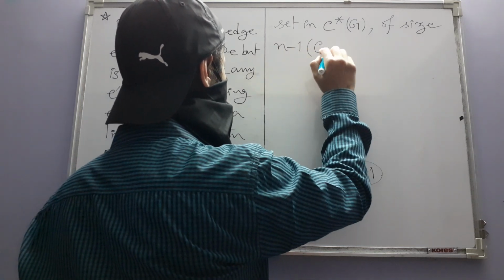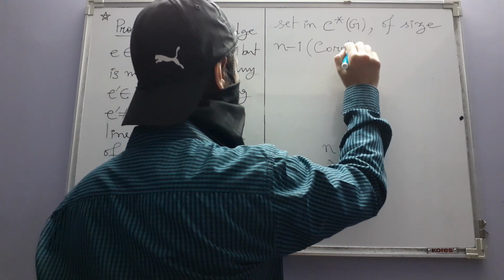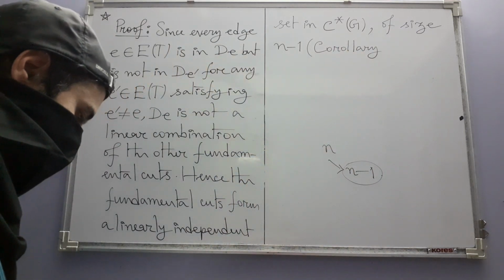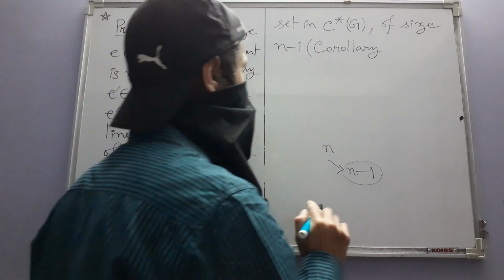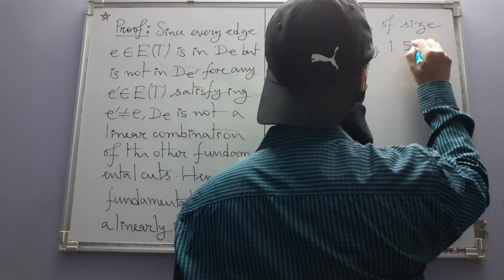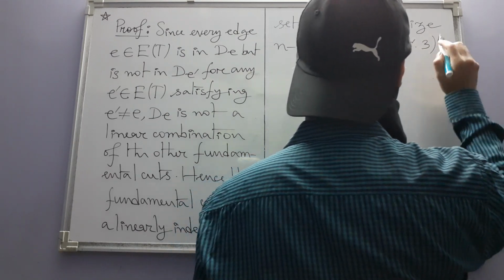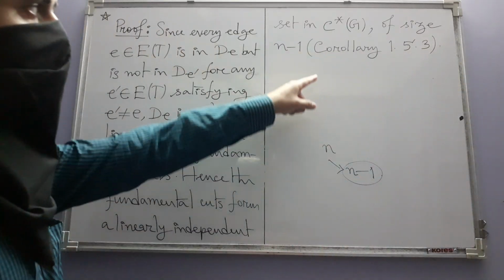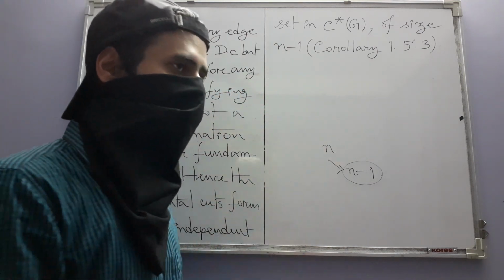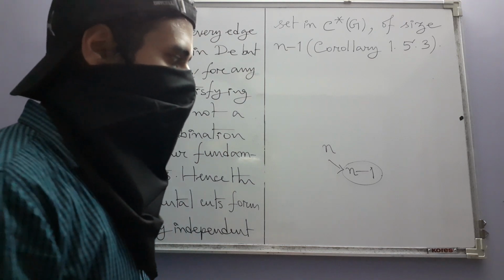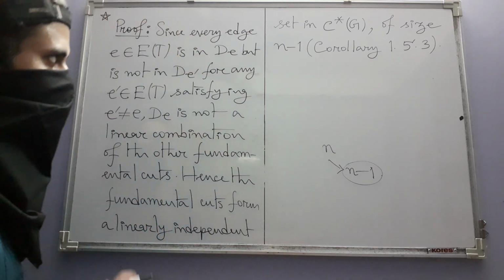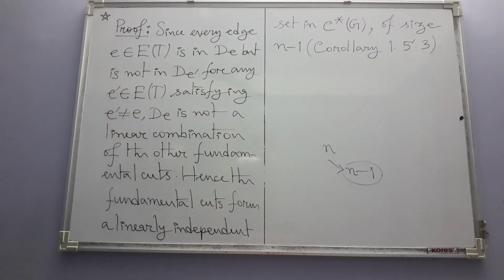And this is where we write corollary. Yeah, I can write that; that's how the author has written it. 153. So this is the result which tells us, in fact the statement of this corollary is that a connected graph having n vertices is a tree if and only if it has n minus 1 edges. Okay, so that's the thing we are using here.